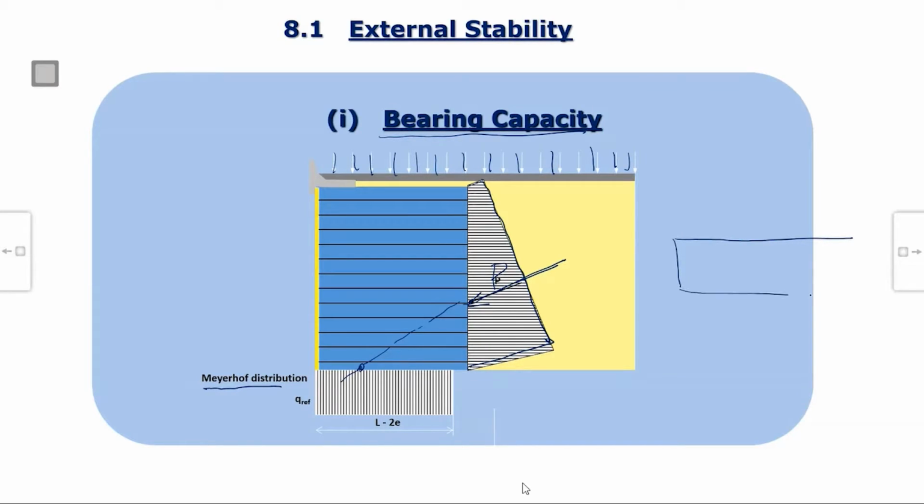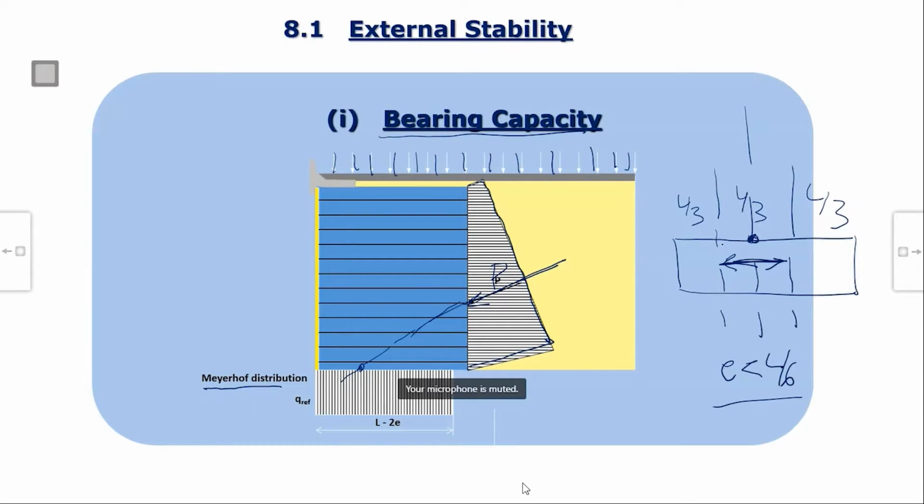If this is my base, number 1, I divide it into 1/3, 1/3. If L is my length of base, L by 3, L by 3, L by 3, and this is center. So normally number 1 it says this resultant should pass in the middle third. It means eccentricity. Eccentricity will be from here. So eccentricity should be less than L by 6.